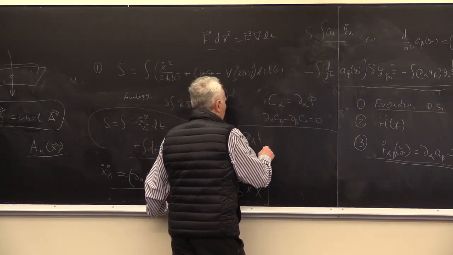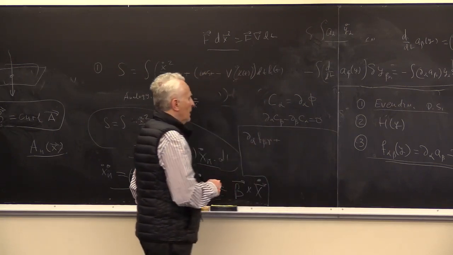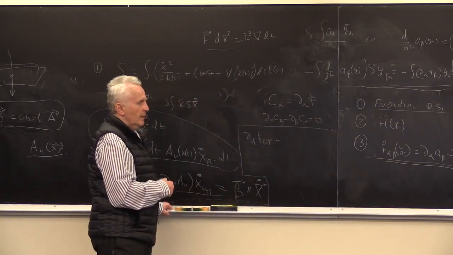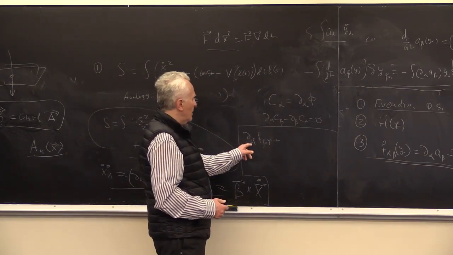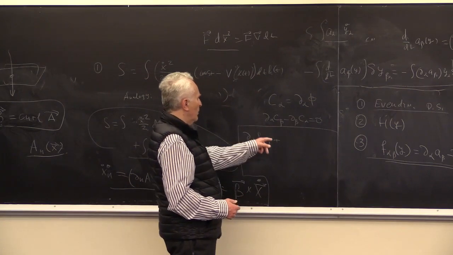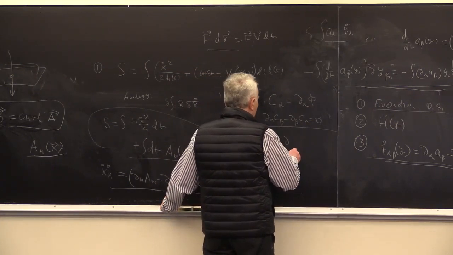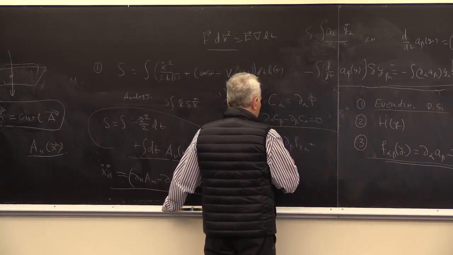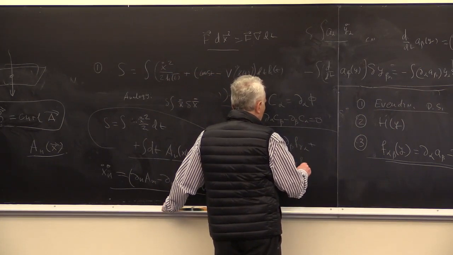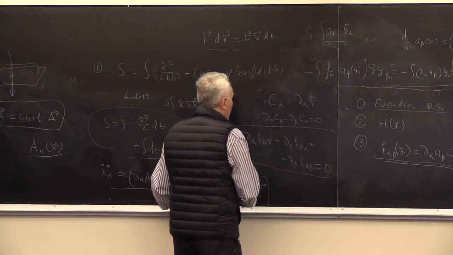So let's look at the following expression. d alpha f beta gamma plus we will take the cyclic permutation. So alpha here was in the first place, we put it in the last place, and so on. So we have d beta f gamma alpha plus d gamma f alpha beta, and it must be equal to 0.